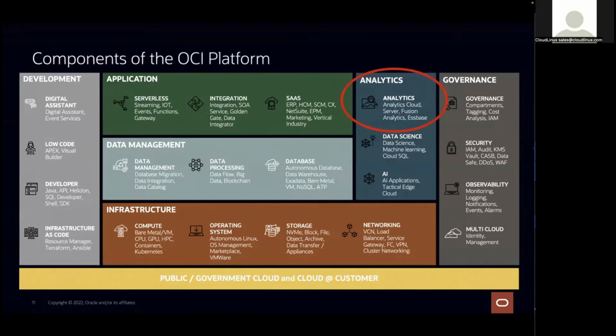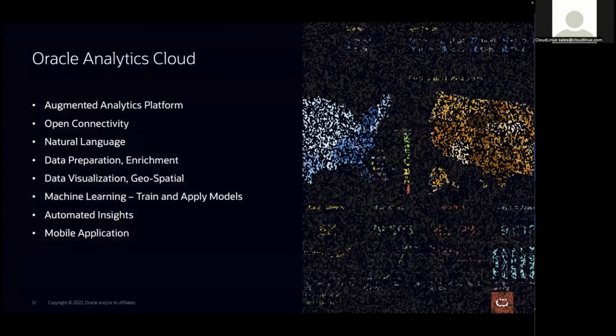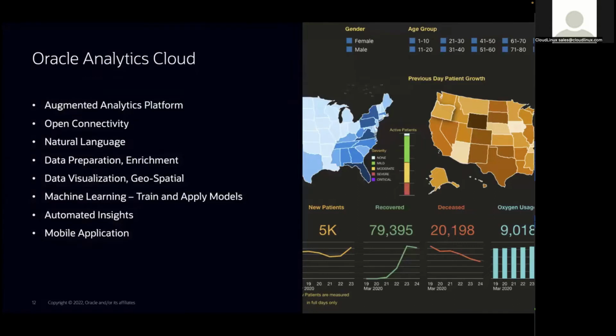In today's session, we will use Oracle Analytics Cloud to create a geospatial data visualization. The Analytics Cloud is a cloud-native service that provides the capability required to address the entire analytics process from data ingestion and modeling through data preparation and enrichment to visualization and collaboration without compromising security and governance.